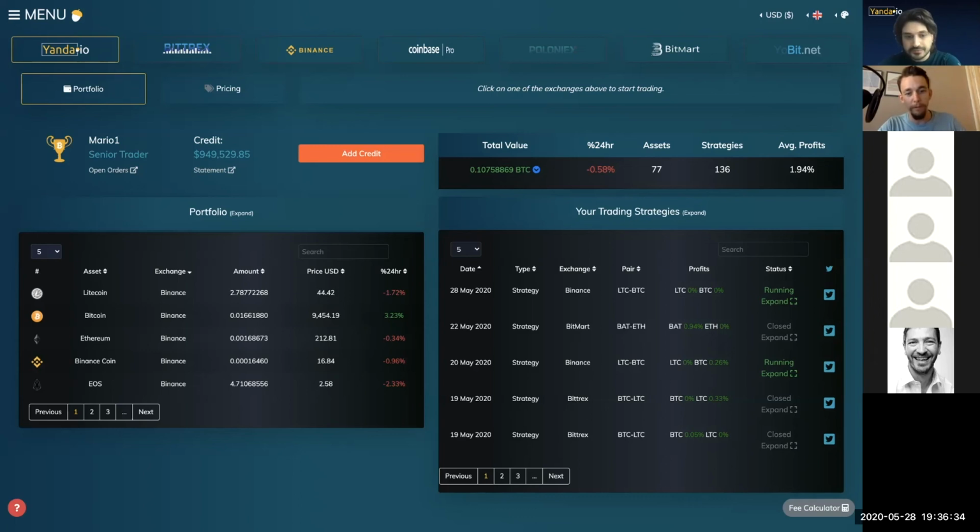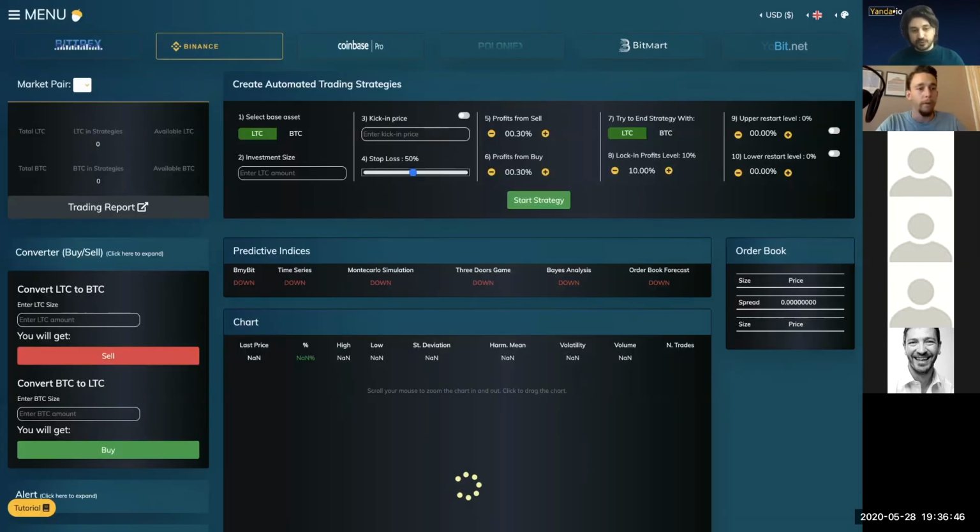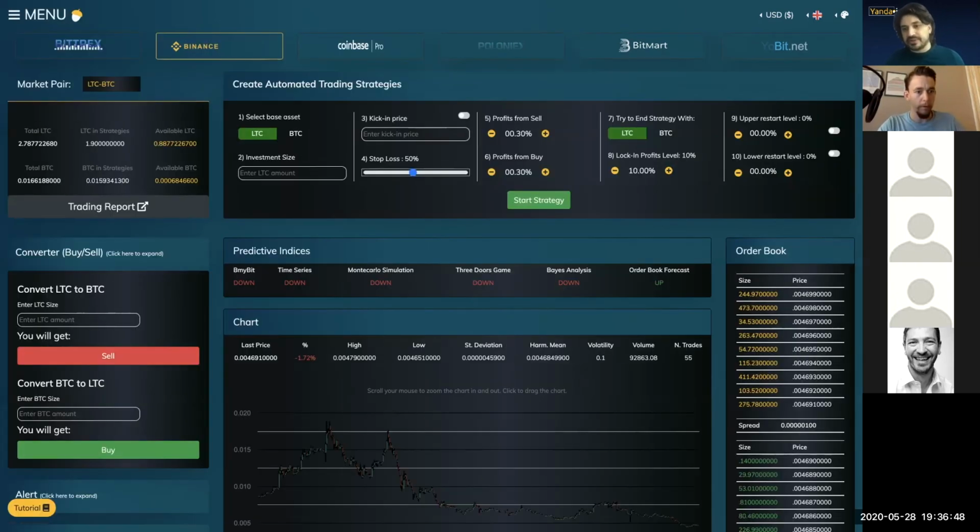Oh, something strange happened with the trader that became the top leader. Yeah, this was just what we were going on about earlier. Do you want to explain briefly what could have happened there? And I apologize for that. So what we're going to do probably is, well, this is personal automated trading software, so technically you can do whatever you want.